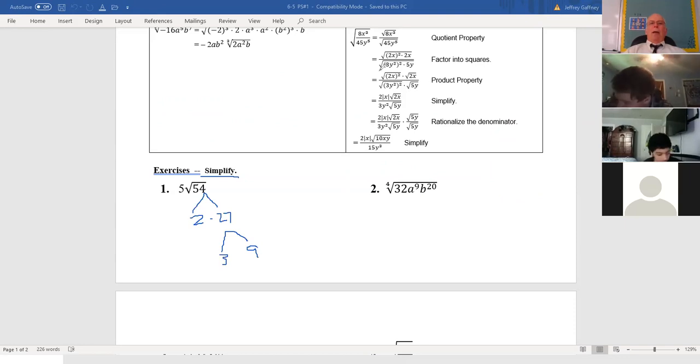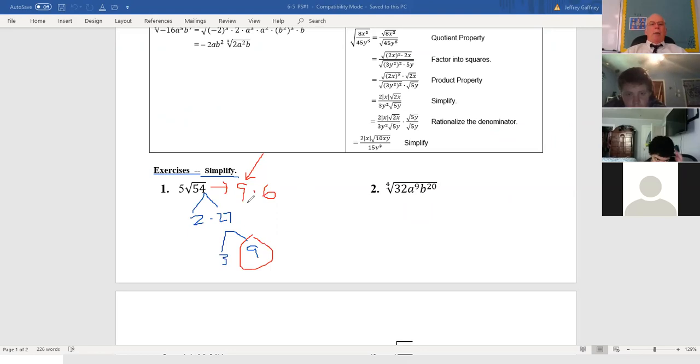Now the bells and buzzers are hopefully going off in your head, and I know 9's a perfect square. Another way I could have looked at this, and I was going to go that way, but I decided to try this way, and either way it works: 54 is the same as 9 times 6. That 9 we like, because that's in that little 3x5 perfect square sheet you have in your notebook somewhere.